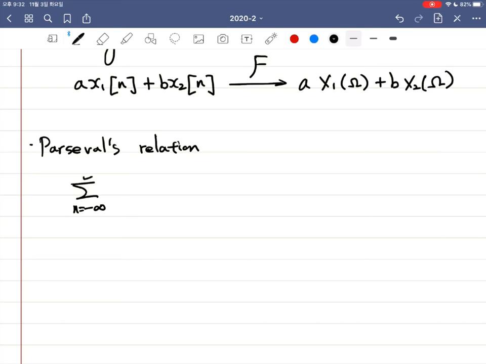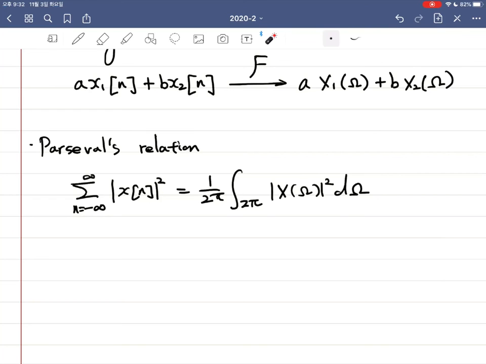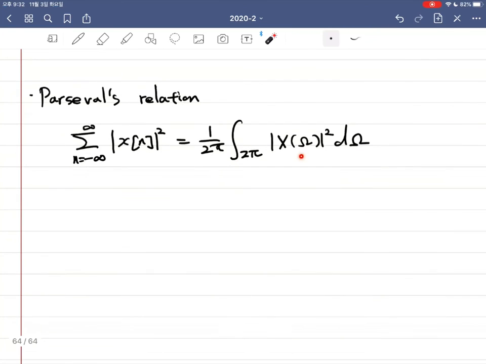If you do the summation of the squared magnitude of x[n], then that equals 1 over 2 pi times the integral over just one period of the squared magnitude of the Fourier transform.